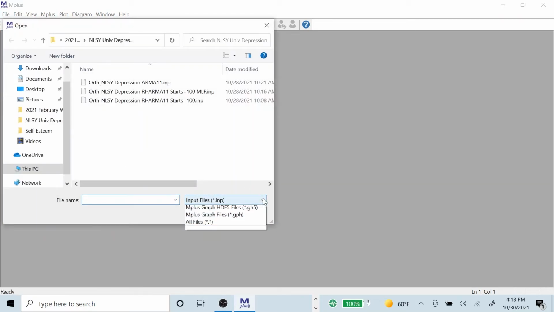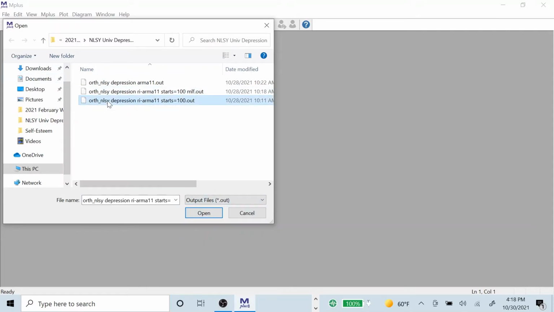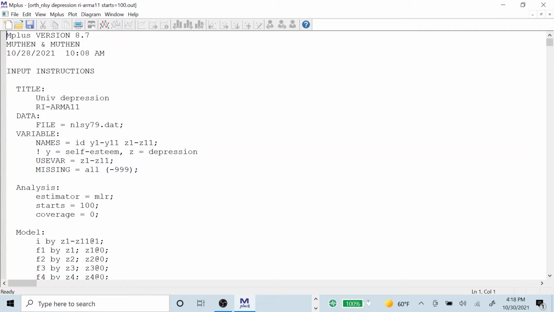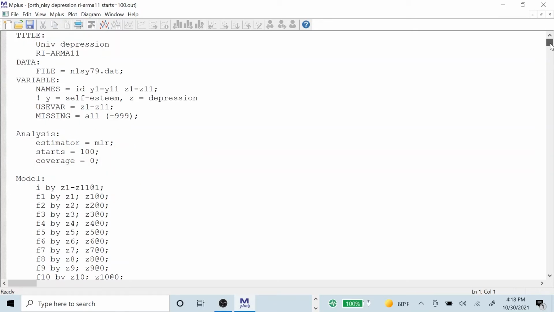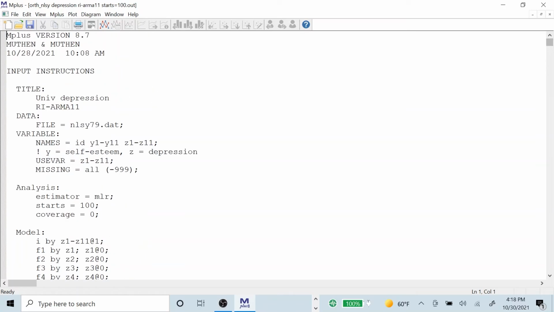So now let's take a look finally then at the model for RI-ARMA, which seemed promising, good chi-square, and we use 100 starts here in addition to the convergence equals 0.